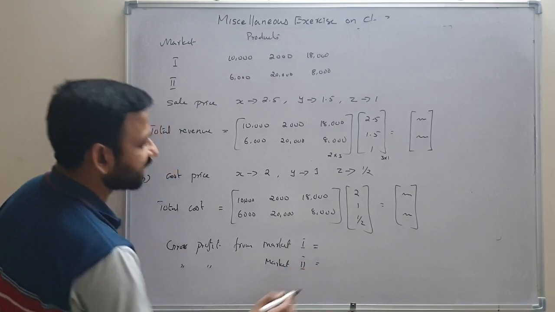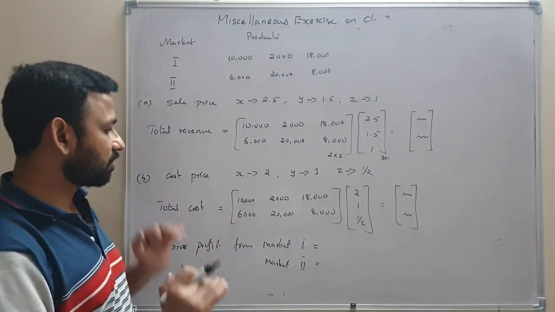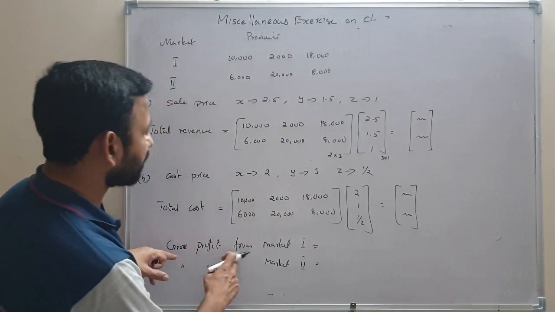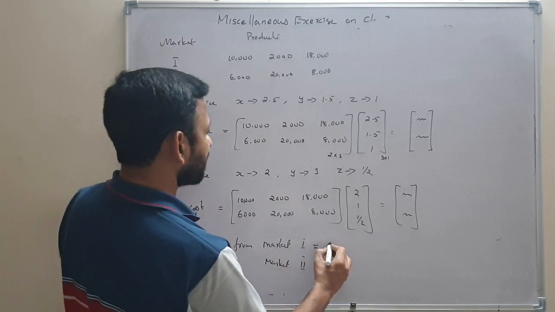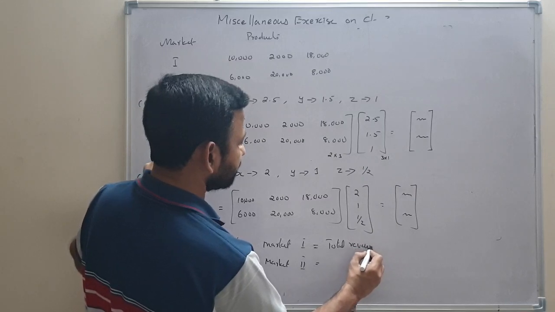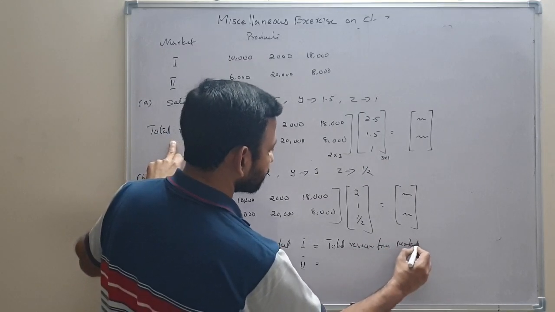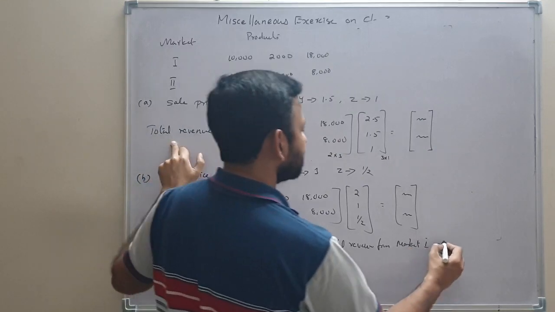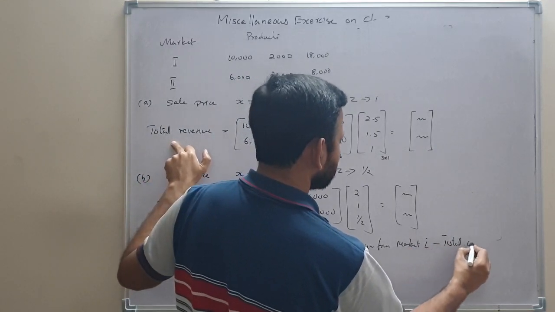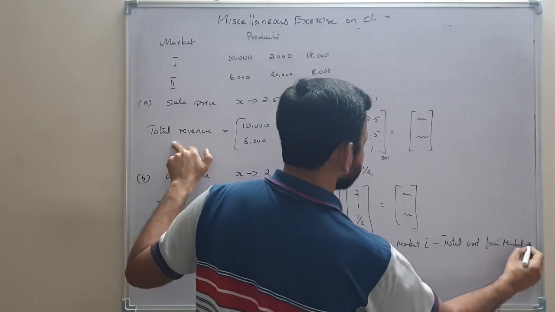Gross profit is revenue minus cost. So the gross profit from market 1 is the total revenue from market 1 minus the total cost from market 1.